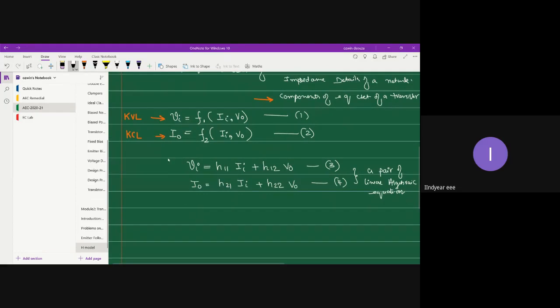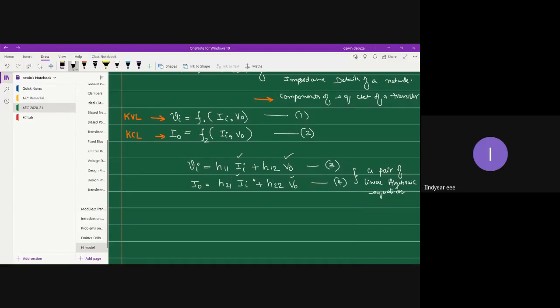Now, if you look at equation 3 and equation 4, you observe that equation 3 consists of a product associated with current and also a product associated with voltage. Similarly, equation 4 consists of a product composed of a current factor as well as a voltage factor. So basically, in your equations, both currents as well as voltages are present.